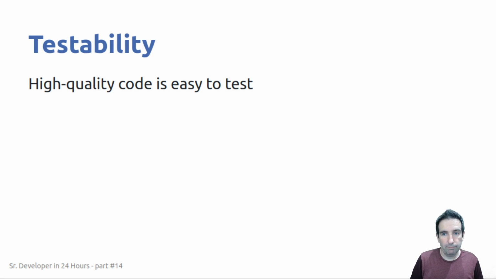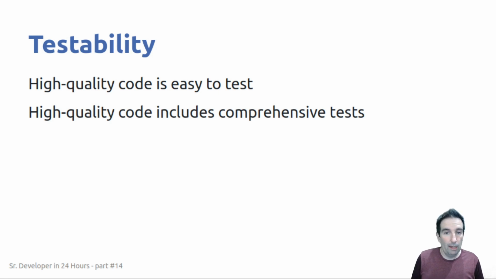And finally, testability. High quality code is easy to test. And I think I've spent maybe 2 hours before this just talking about testing, whether it's integration testing, unit testing. But the key takeaway here is that high quality code needs to be easy to test. High quality code should already include the tests.